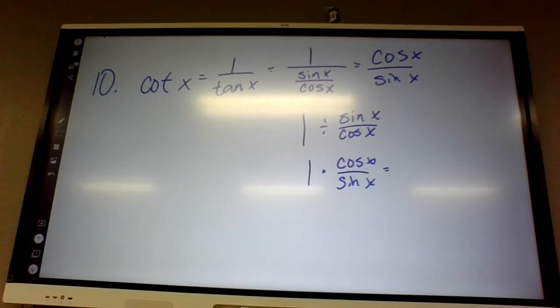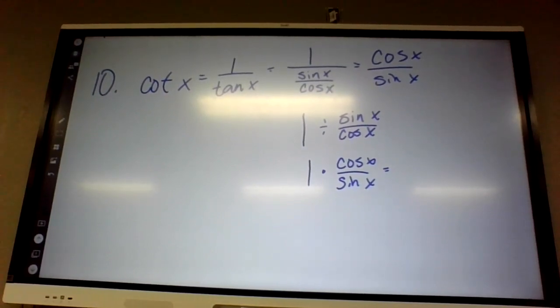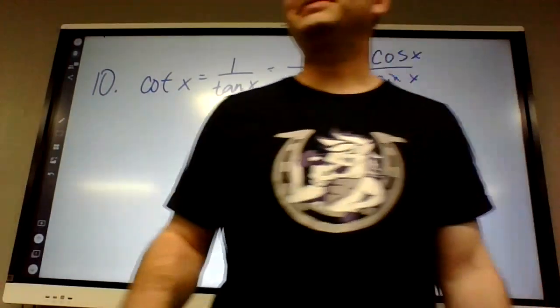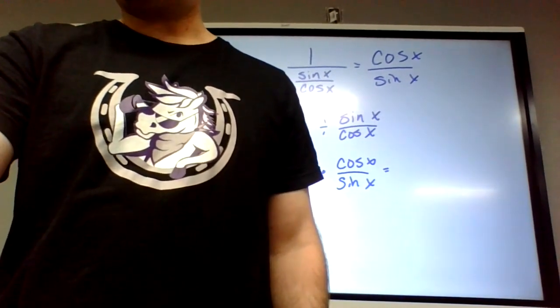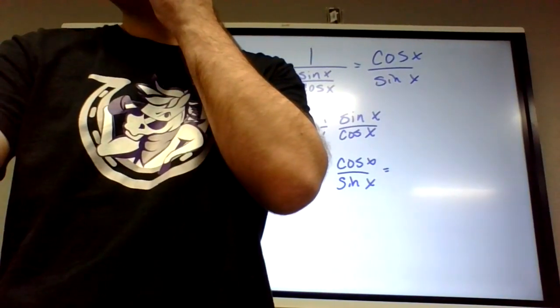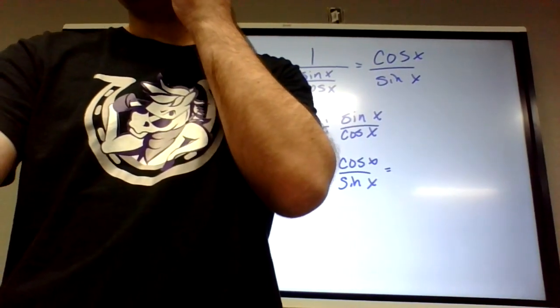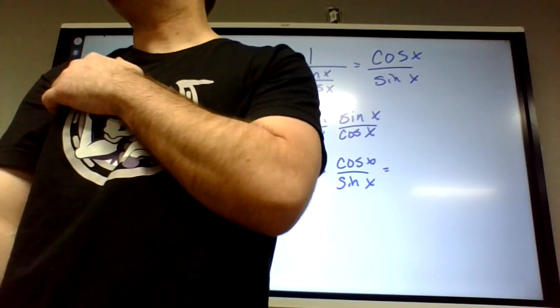Okay, let me redo it and see what I did. We're almost done. 2 square root of 2, 2 over 3, and 1 over 3. Did you try and finish? What's cosine times 1 over sine?